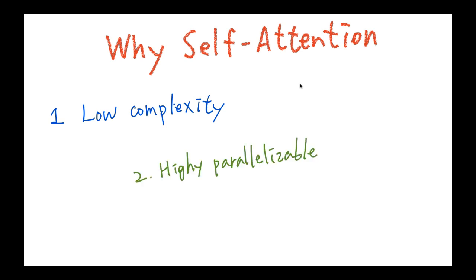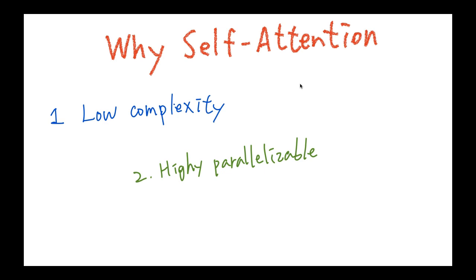This paper also argues why they chose self-attention. There are a few reasons. First, it has a lower per-layer complexity if you compare it to recurrent neural networks and convolutional neural networks.